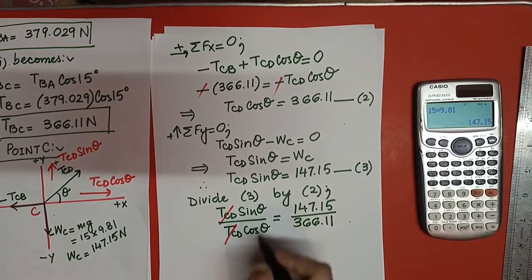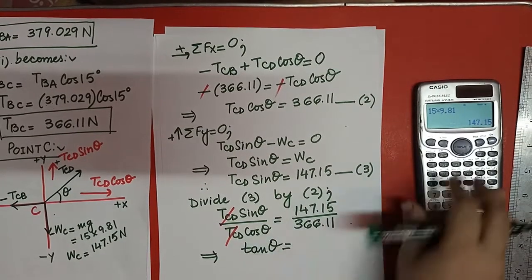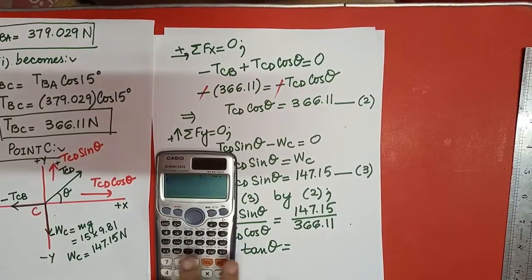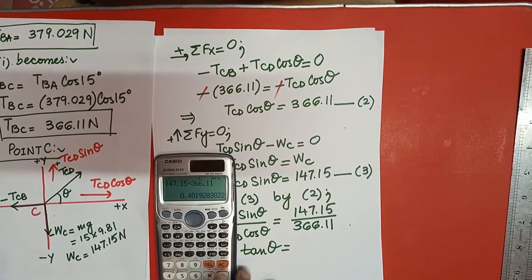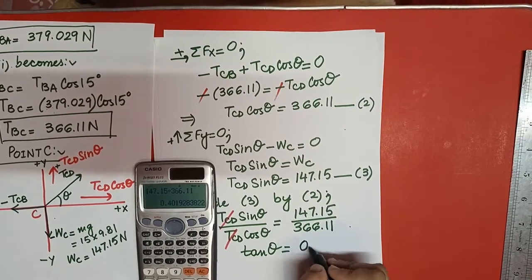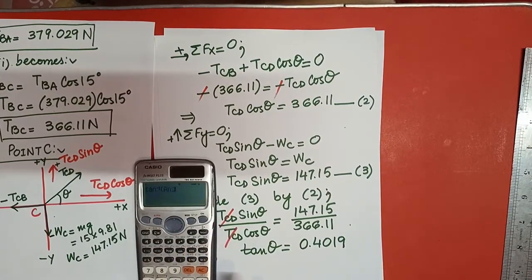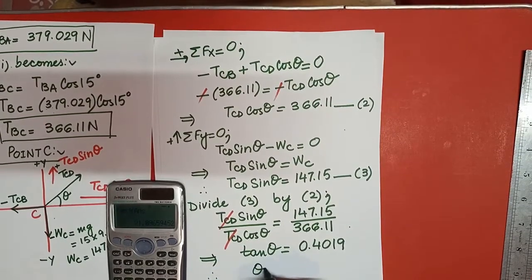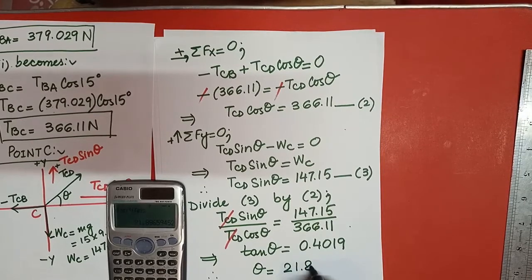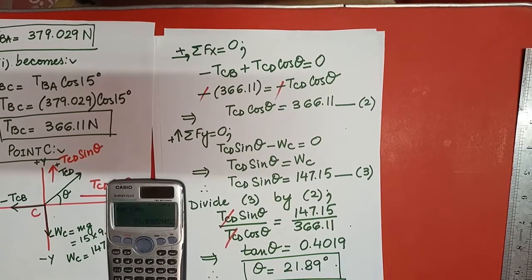So sin theta upon cos theta is equal to tan theta, and dividing 147.15 by 366.11, the answer is 0.4019. Applying tan inverse on the answer, theta is equal to 21.89 degrees. So this is the way to solve for this angle.